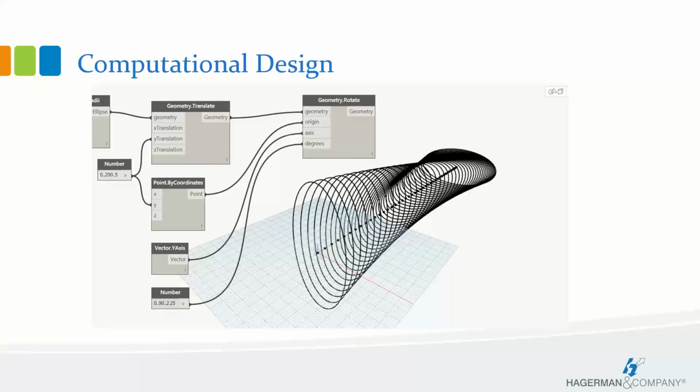This is where I was able to use the sequencing capabilities of Dynamo to say, I want a sequence of numbers starting at 0, ending at 90 with a 2.25 degree increment. I was able to easily generate that list of dozens of numbers. Plus, I was then able to easily apply that list to set the rotation of each individual shape.